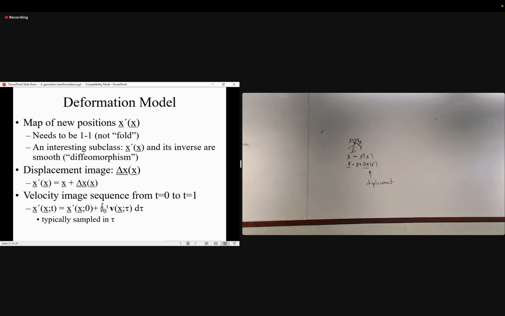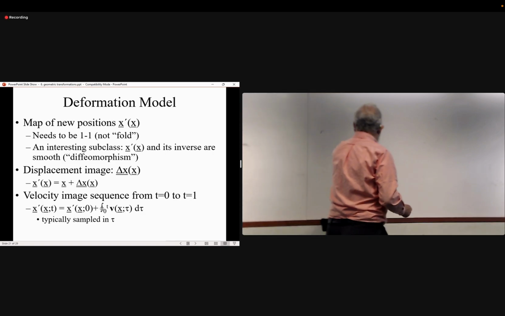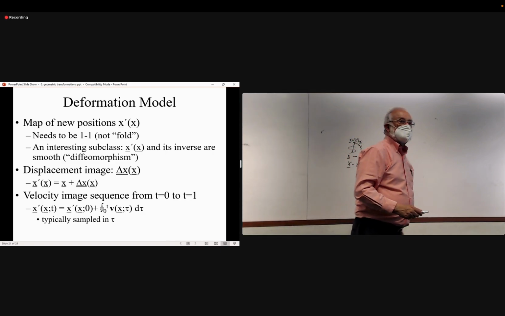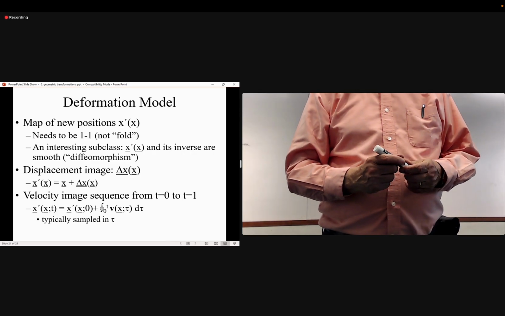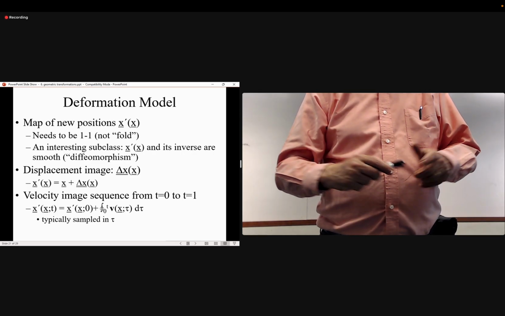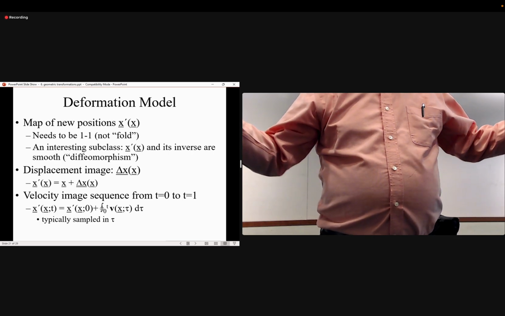Okay, so what you need then is to be able to have this displacement at every x, at every voxel. And typically, that's a hell of a lot of numbers, right?